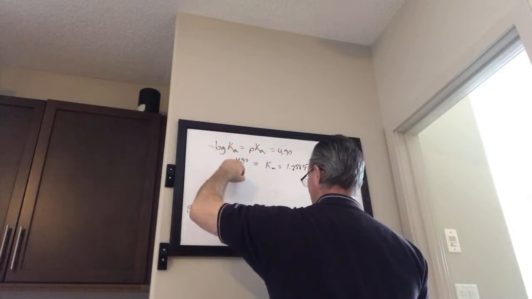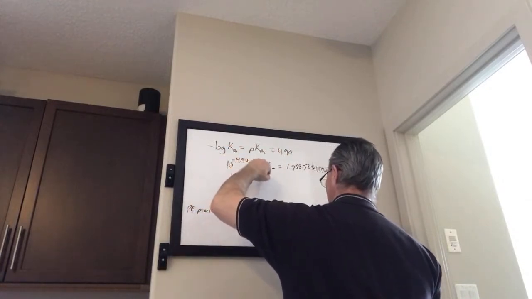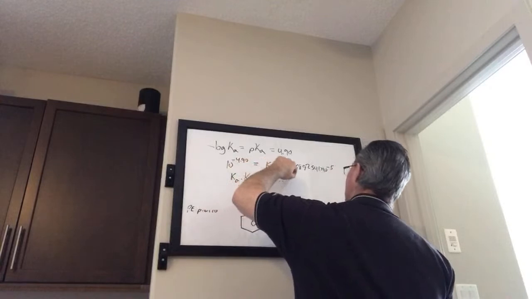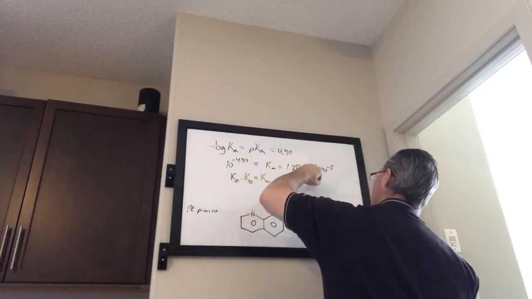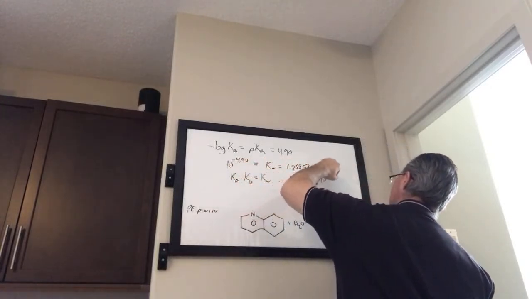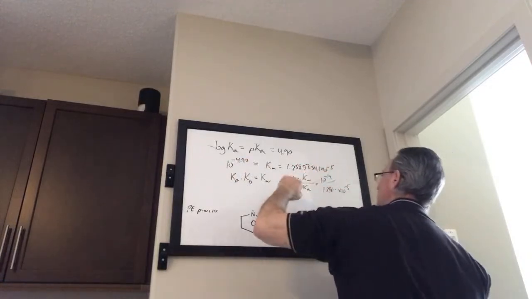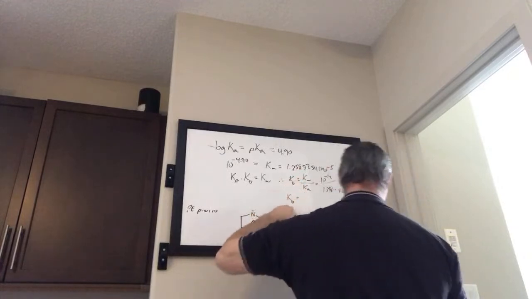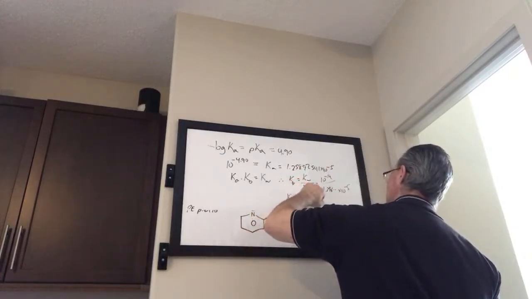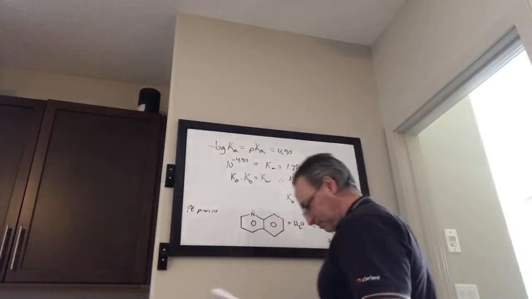And since Ka times Kb is equal to Kw, therefore Kb is equal to Kw over Ka, 10 to the negative 14 over 1.258, etc., times 10 to the negative 5. So Kb equals 7.9 times 10 to the negative 10. It's a very weak base.